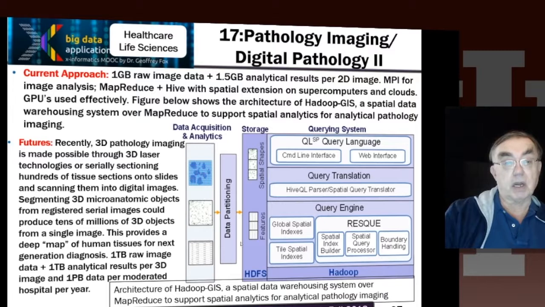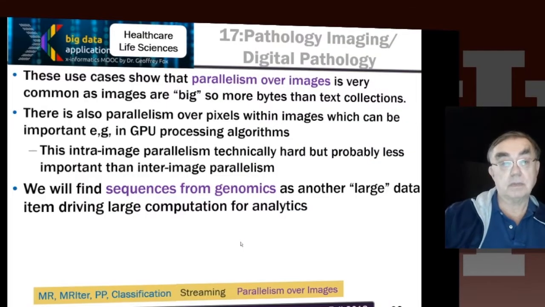And then a particular hospital might have around a petabyte of data. So this is a big data application. The actual results will involve probably machine learning on the particular images to be able to do the classification of the pathologies. And again, as these instruments gain in power and the analytics gain in power, we can expect significant progress here.